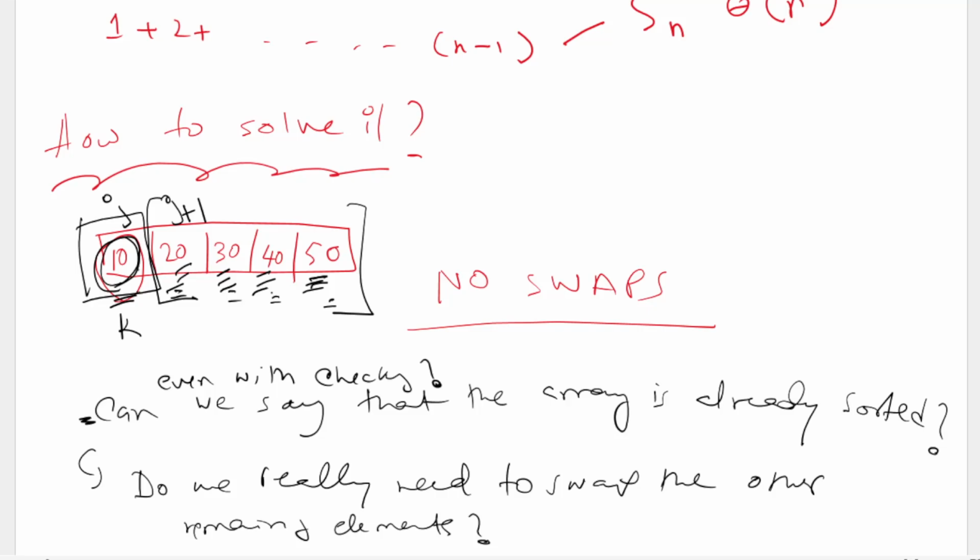The answer is yes. We just have to run the loop one time to check whether the first number has a swap or not. If the first number doesn't swap a single time, we do not have to run the loop again. We can simply say that the array is sorted.